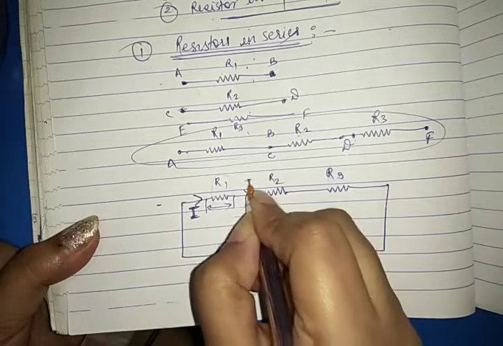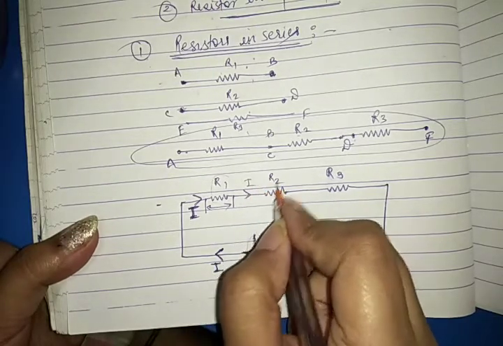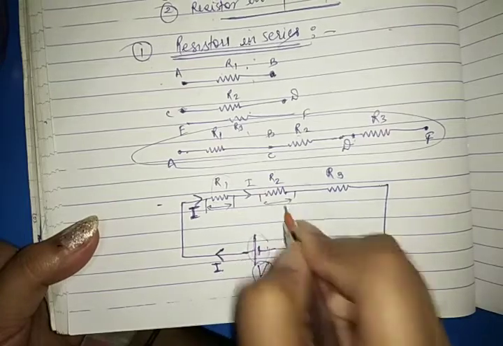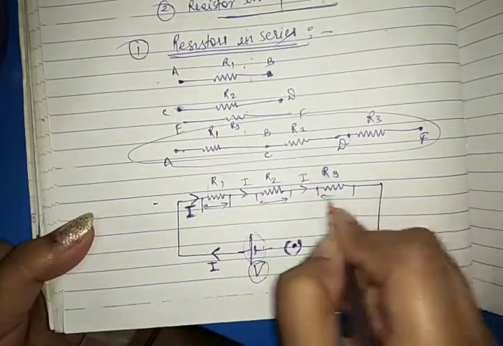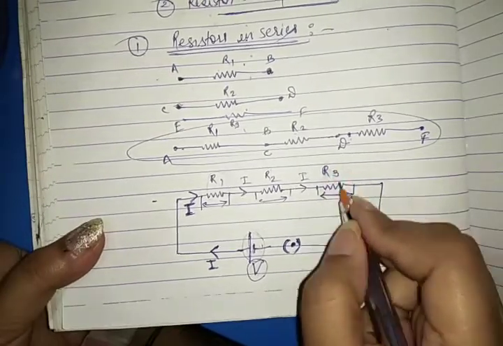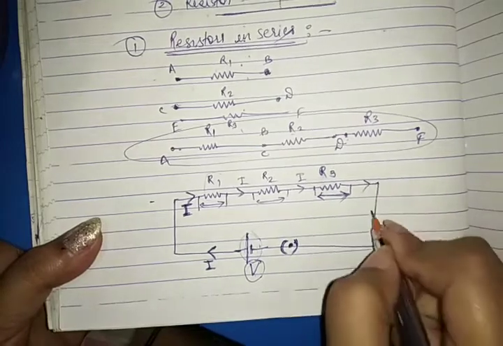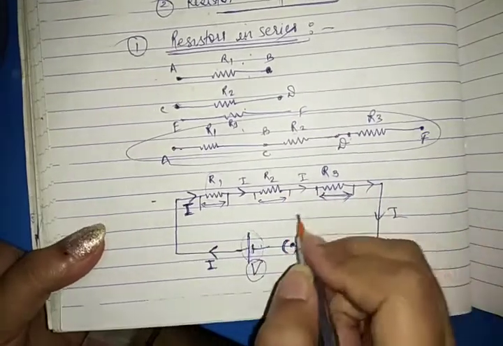Then I moves forward, passes through R2, and a potential drop occurs there. Then again the current moves forward and a potential drop occurs through R3.